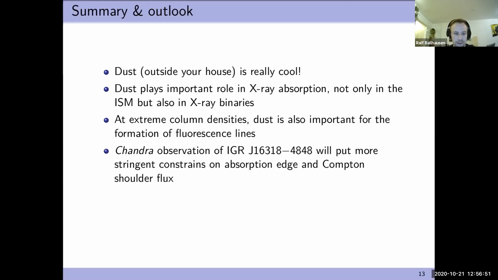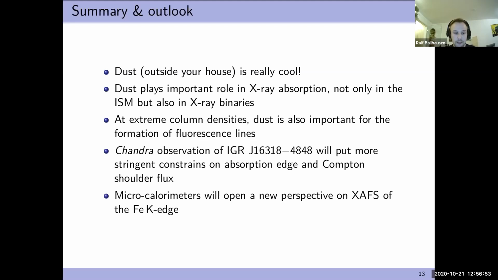And with the upcoming launch of the microcalorimeter missions, in particular XRISM, of course, in the next 2 years, and in the more distant future Athena, we will be able to really resolve the absorption fine structure of the K edge. This is not yet possible with current instruments.